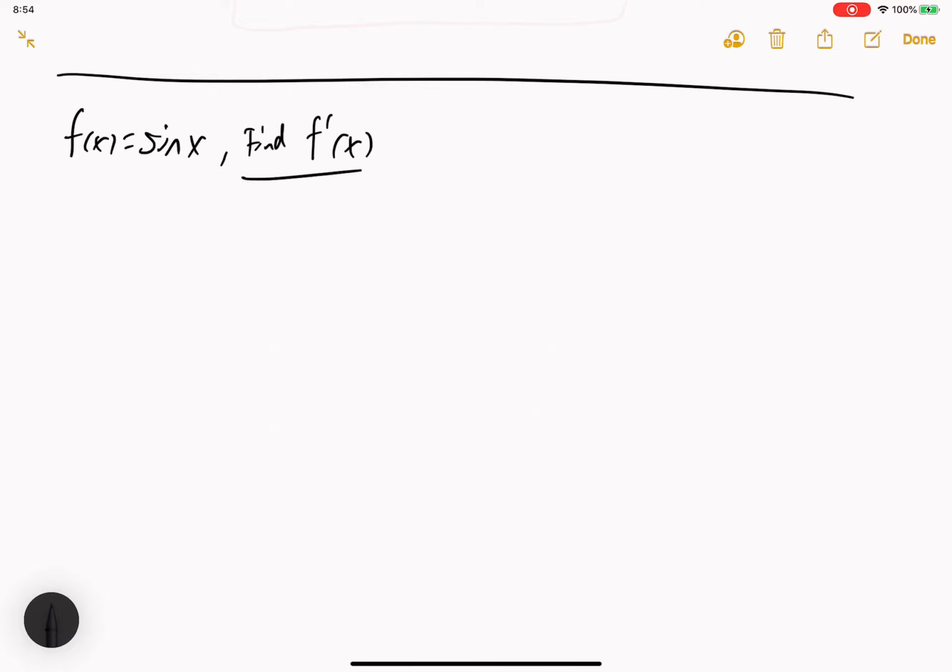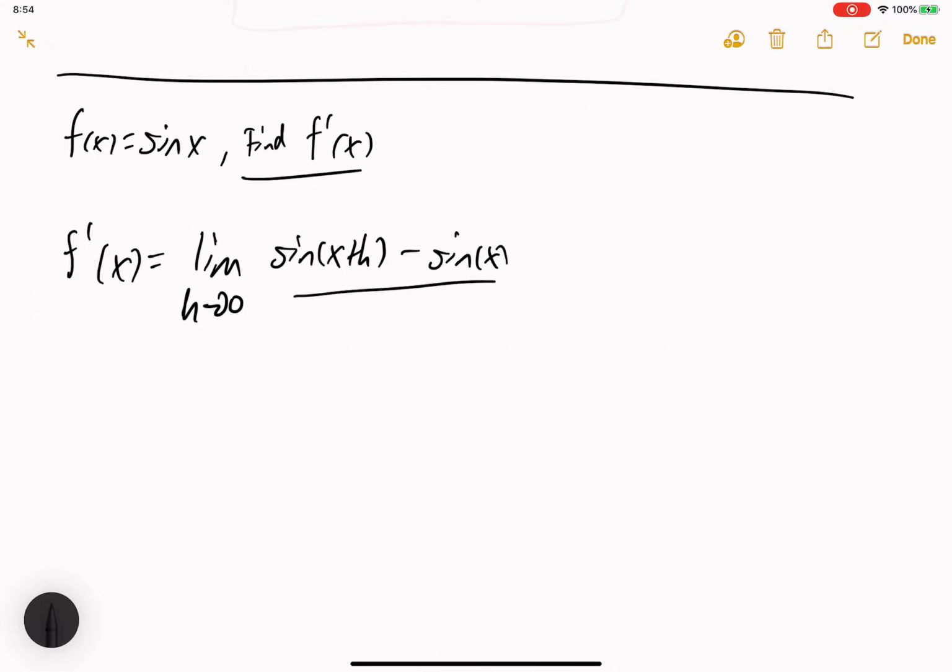So that was our goal to begin with. So f prime of x is equal to d/dx of sine of x. But remember the definition, it is the limit as h goes to 0 of sine of x plus h minus sine of x divided by h.